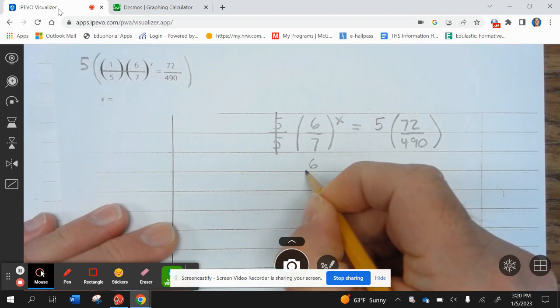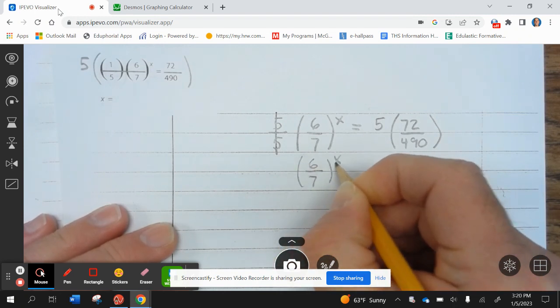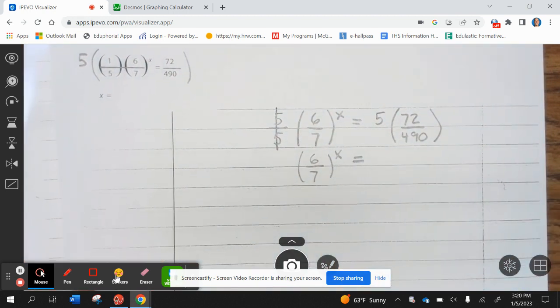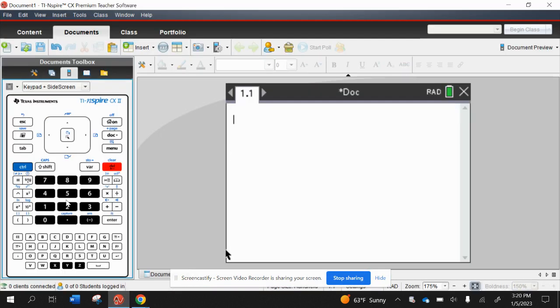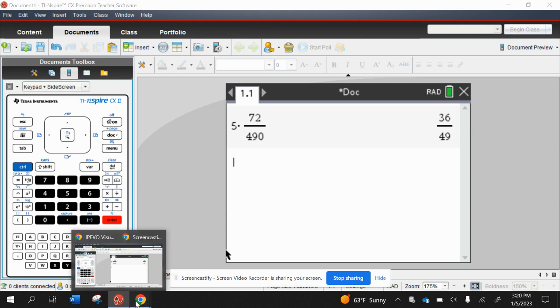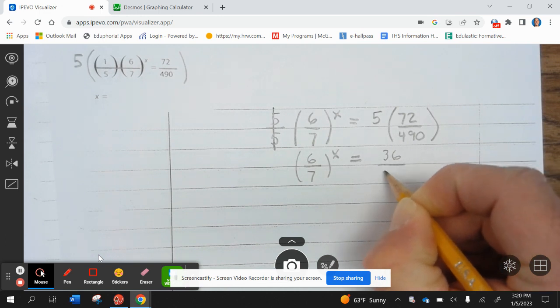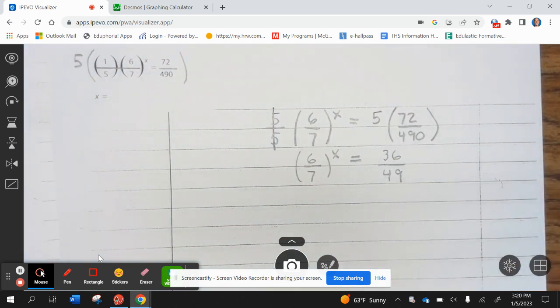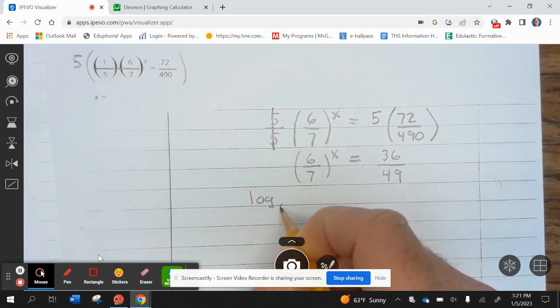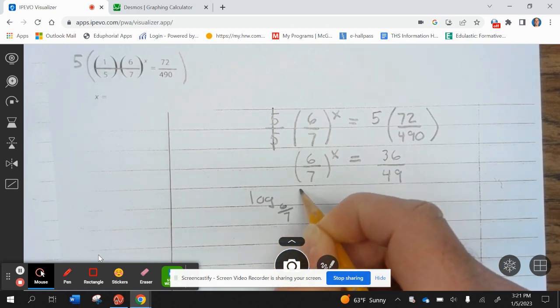So then we have 6 divided by 7 to the x power equals, we can use our calculator for that. 5 times 72 divided by 490 is 36 divided by 49. Okay, so now we're going to take log base 6 divided by 7 of both sides.